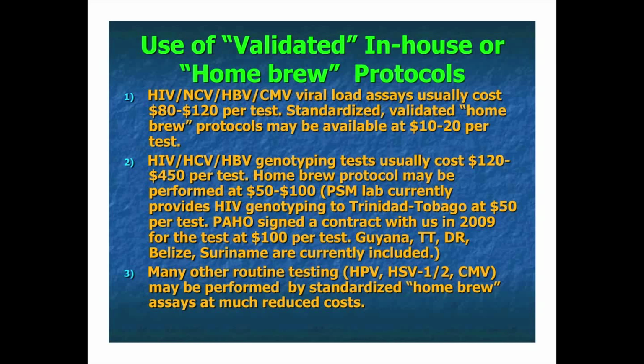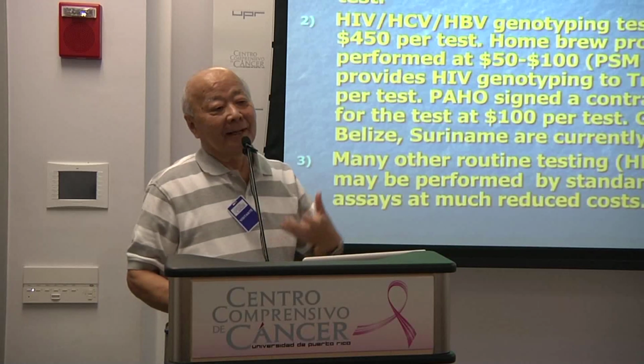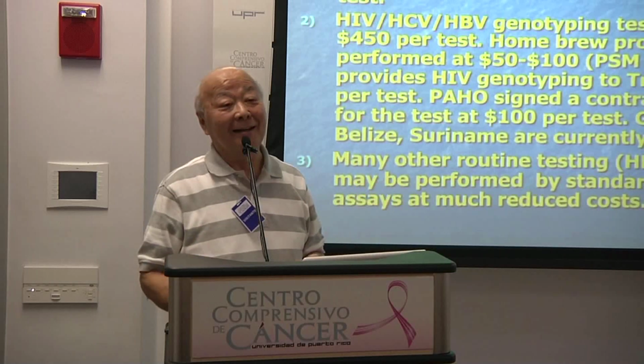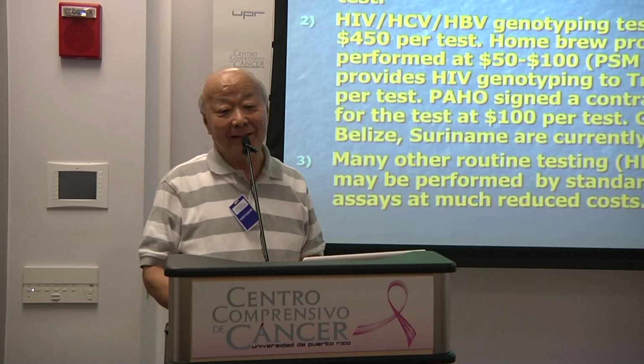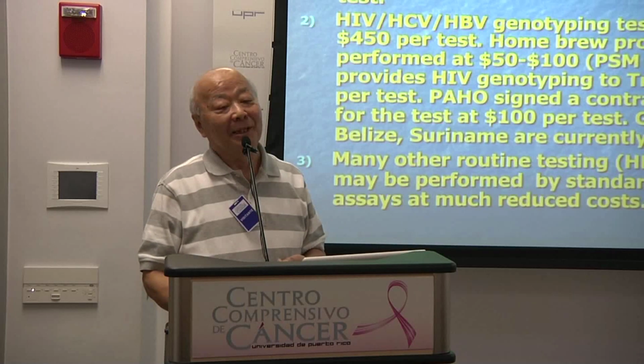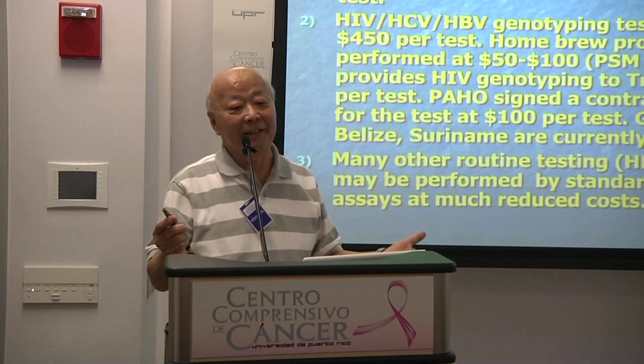And we actually started this homebrew approach because the more crucial issue is genotyping. I don't know how much UCC currently charges, but the current market price in the USA is probably between 400 and 450.